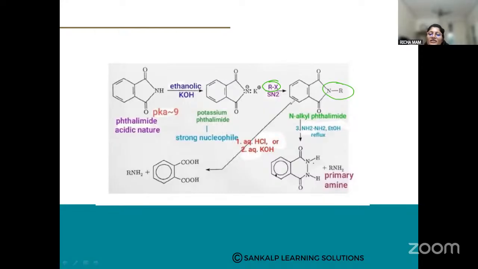This N-alkyl phthalimide, when reacted with NaOH and refluxed, I'm going to get sodium phthalate and primary amines. So this is the reaction. Aromatic primary amines cannot be prepared by this method.